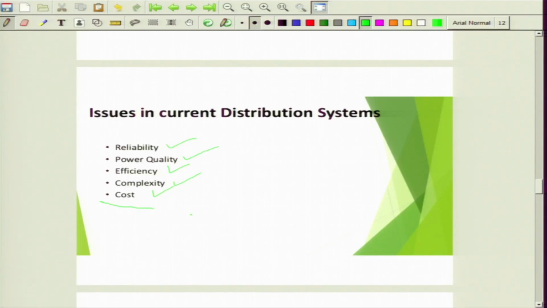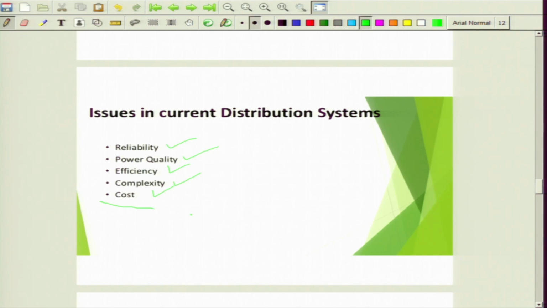And then complexity. So, when you are controlling a system, we should not complicate so much that the control parameters are very difficult to get tuned. So, complexity of control system, complexity of the entire system architecture should be as minimal as possible, and nothing more important than cost reduction.